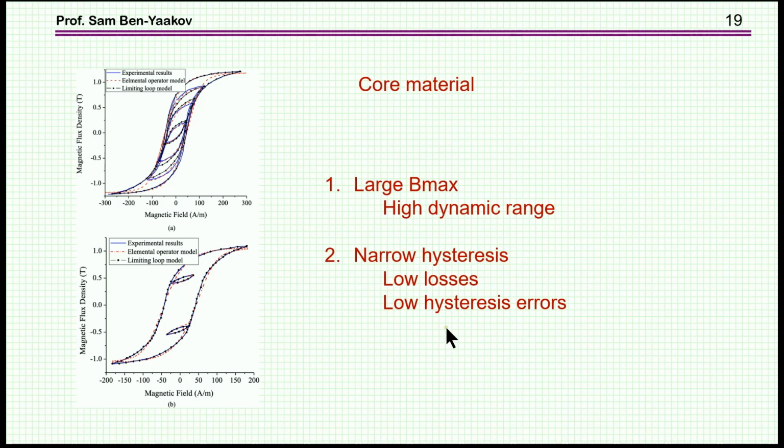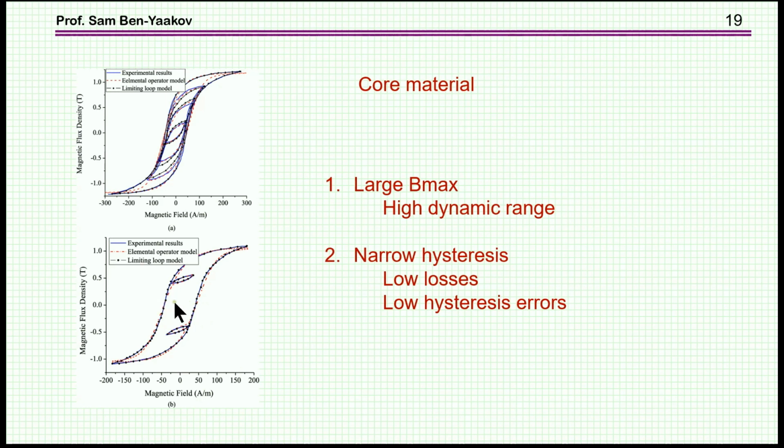So now let's talk a little bit about the material that is used for the concentrator, the core material. First of all, we have to realize that all ferromagnetic material do have some hysteresis loop, and there is saturation. So in order to get a high dynamic range, you would like the saturation point to be as high as possible. On the other hand, we don't want the width of the hysteresis to be too wide.